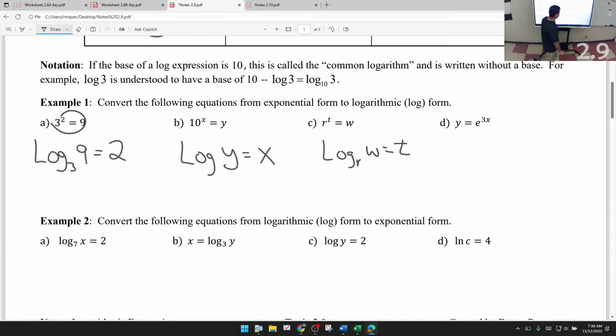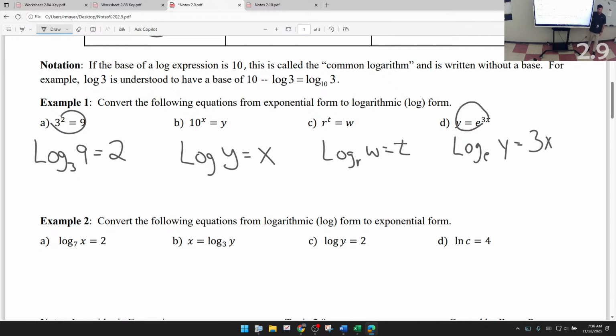And then this last one, this is supposed to be log. Now this one's written backwards, so be careful, right? Your loopy deal goes this way. Your loops can go to the right or to the left. This is log base e of y equals 3x.